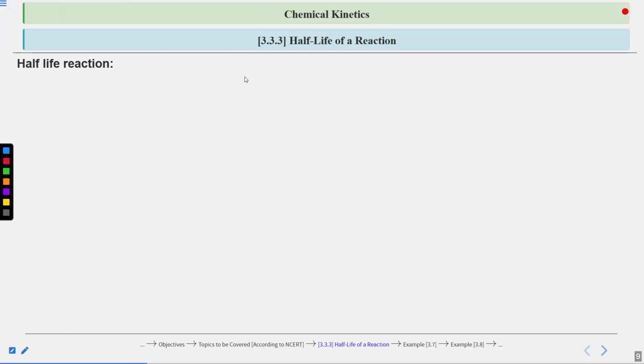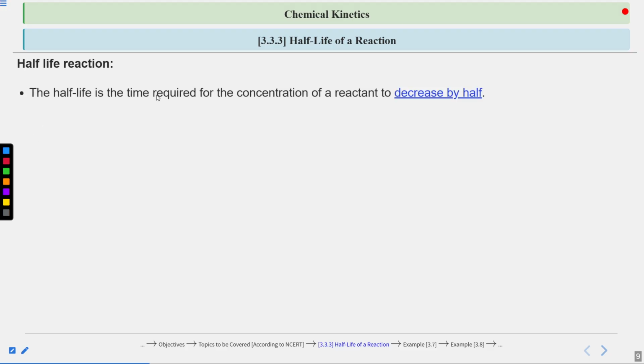Okay, now let's talk about the next topic, which is half-life of a reaction. So what is the half-life of a reaction? The half-life is the time. The name already has half in it. So it is the time required for the concentration of reactant to decrease by half.